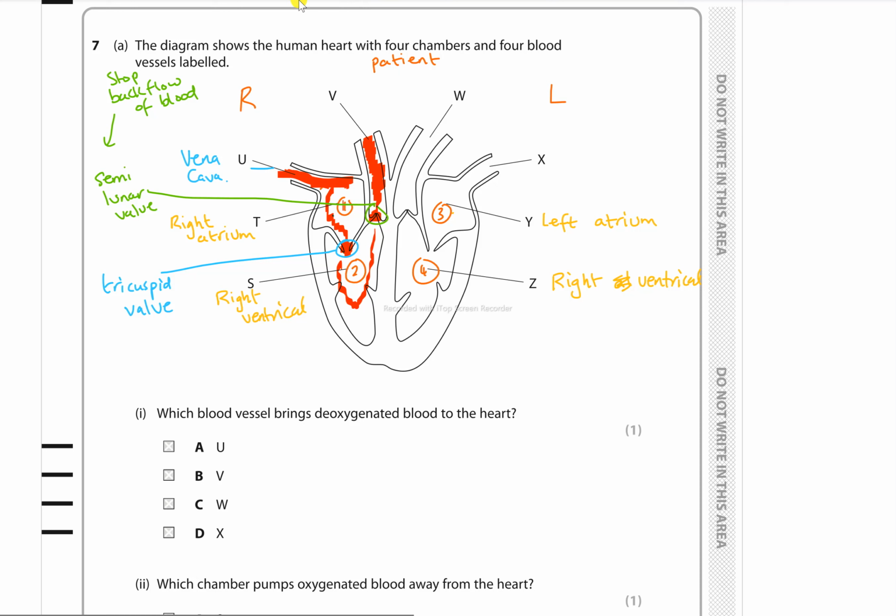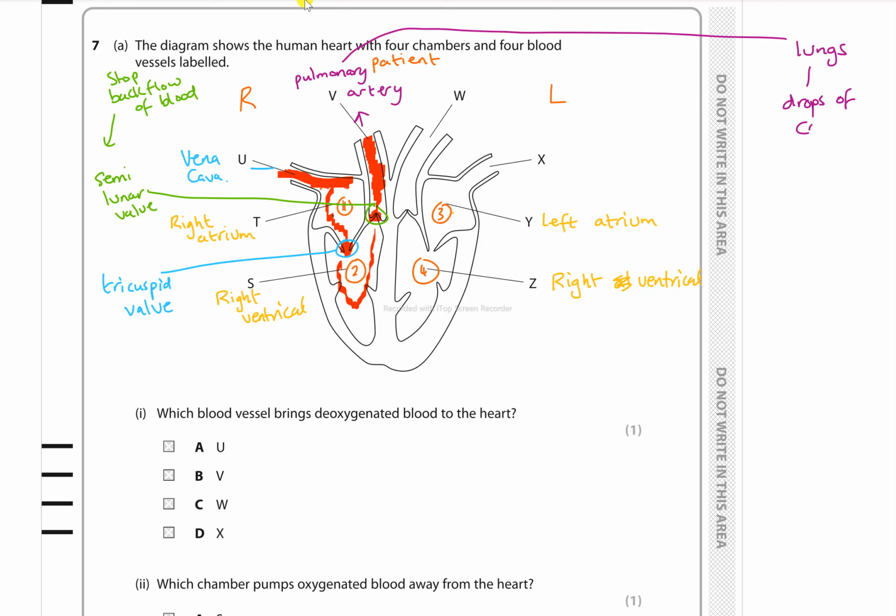What color should we use? Should use that. Pulmonary artery. Remember, arteries take blood away from the heart. So what's going to happen? It's going to go to the lungs. It drops off CO2 and picks up oxygen.